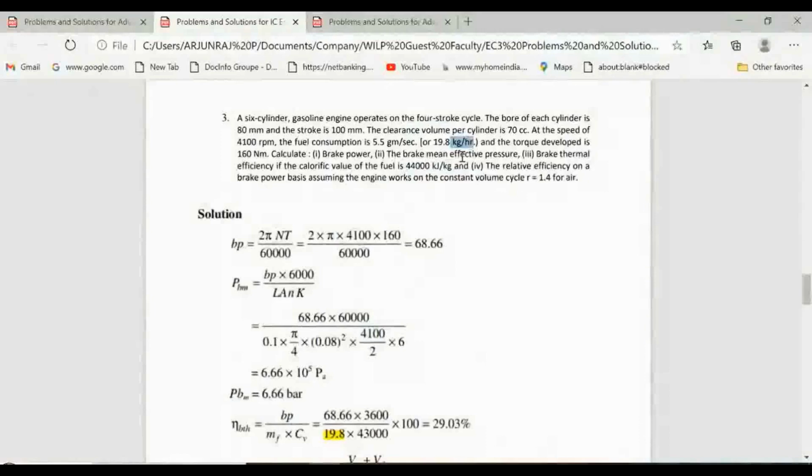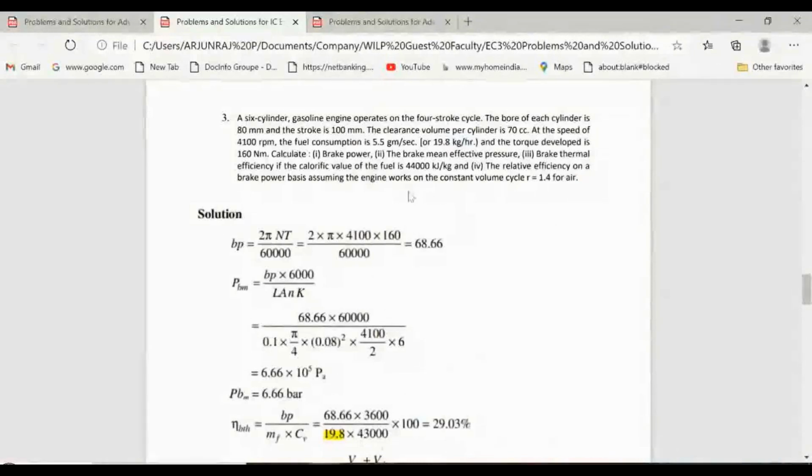When you are converting that into seconds, 60 into 60, you will get it, which means 3,600. 3,600 will go here, and divided by 43,000, they gave the calorific value of fuel.